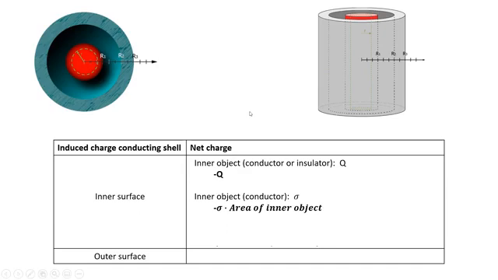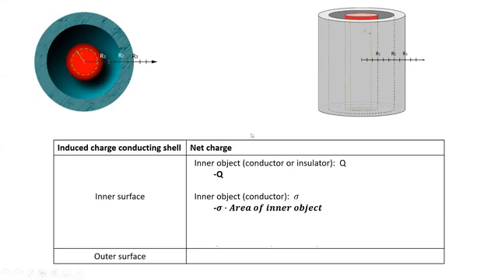Let's say we aren't given the total charge on that inner sphere or inner cylinder as being Q, but rather they tell us what the surface charge density is. In other words, it's a conductor, so a conducting sphere at the center or a conducting cylinder, and therefore all the charges are on the outside of it. And so they tell us what the sigma, the surface charge density, is.